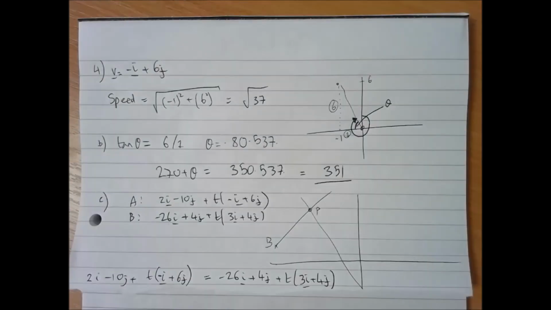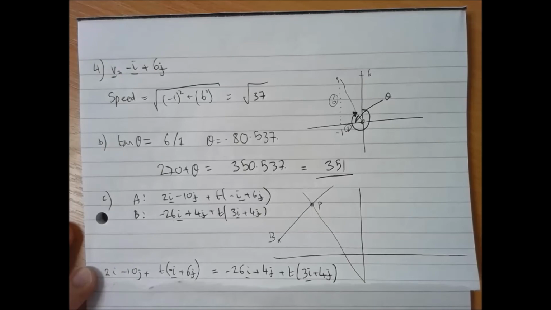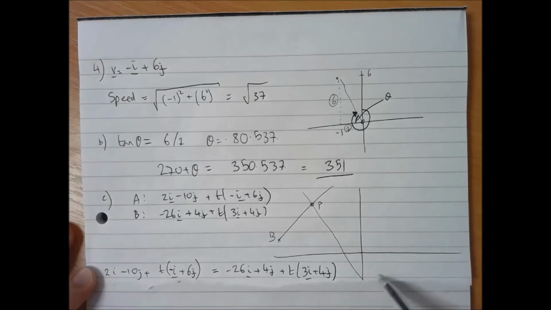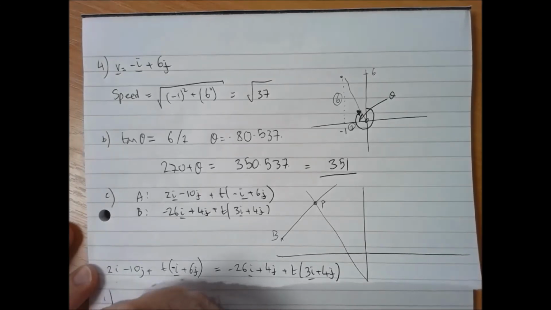Okay, I actually missed a minus sign here, so we're going to have a go at this bit again. So we've got this equation that we've made by making our two things equal to each other. A was just somewhere down here before we had to change this line. So we know that this is true for all i's and j's and t's, which gives me an equation for i's.